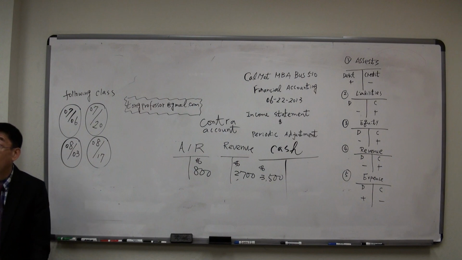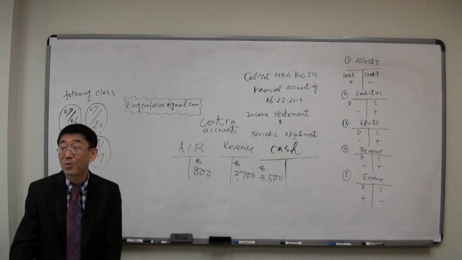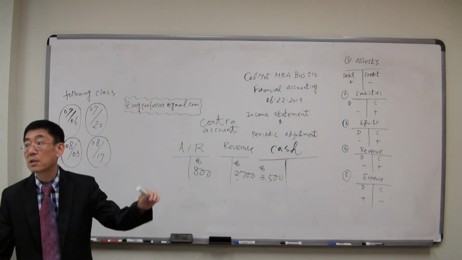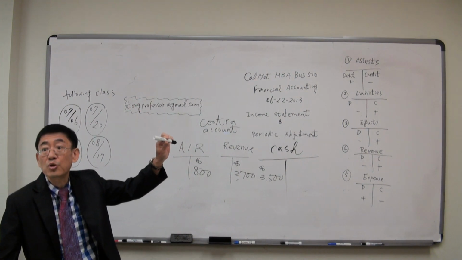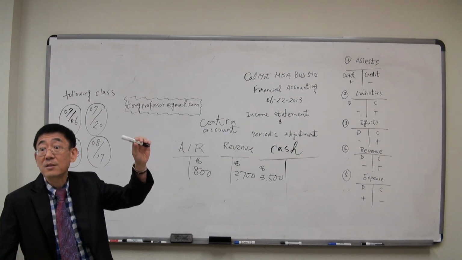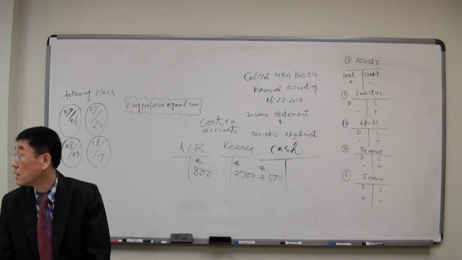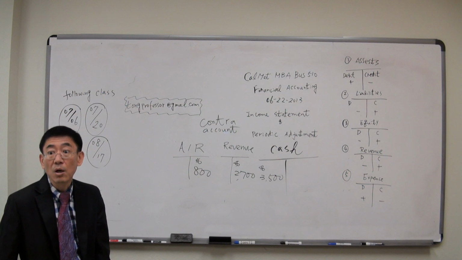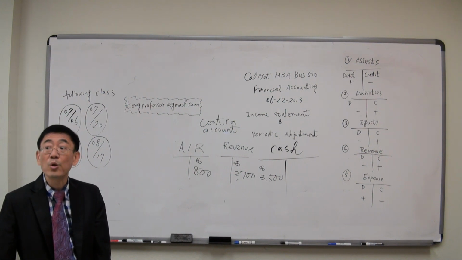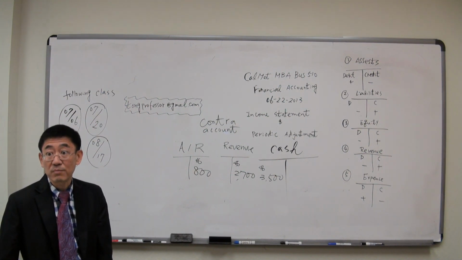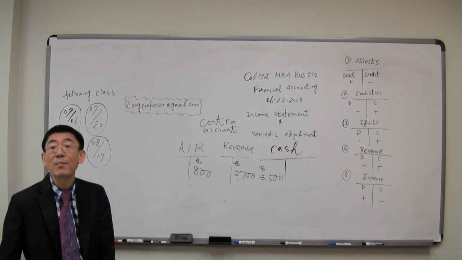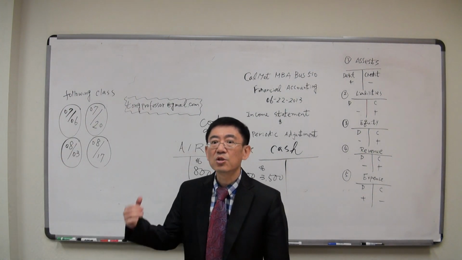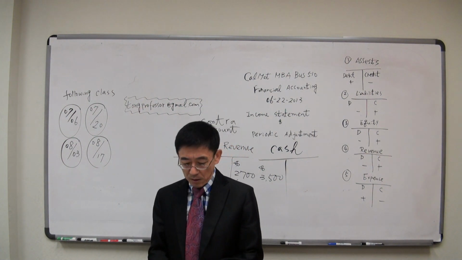By that time, you shouldn't have any trouble identifying which category it belongs to. Step 2, which category. And step 3 is plus or minus, increase or decrease. This is it, then you're done. Of course, by the time we reach your midterm, the transactions will be more complicated than this. So far so good?